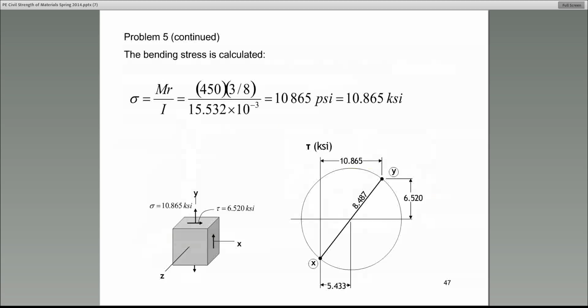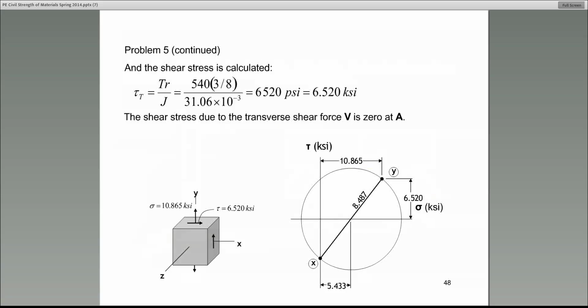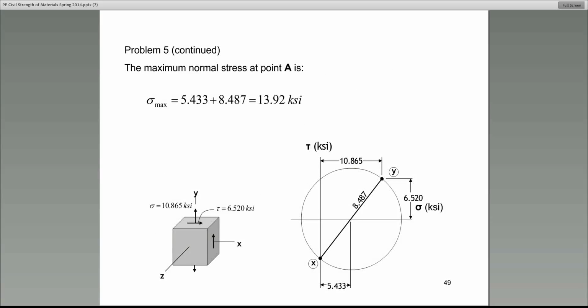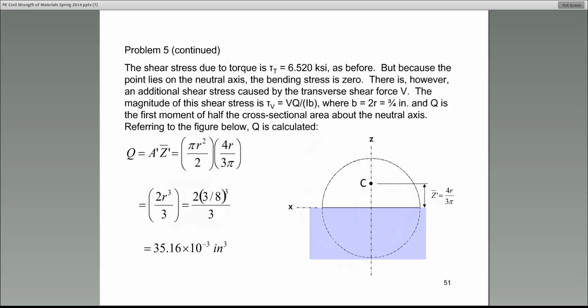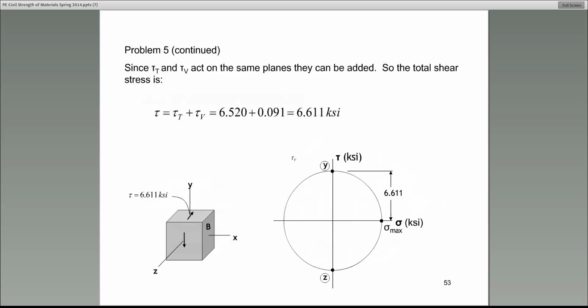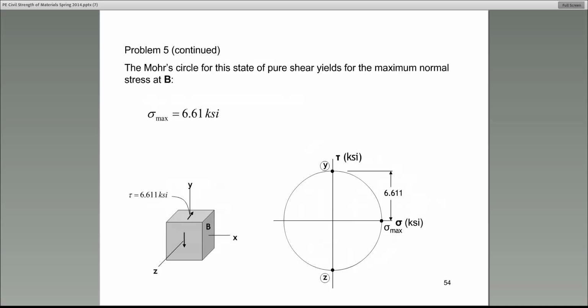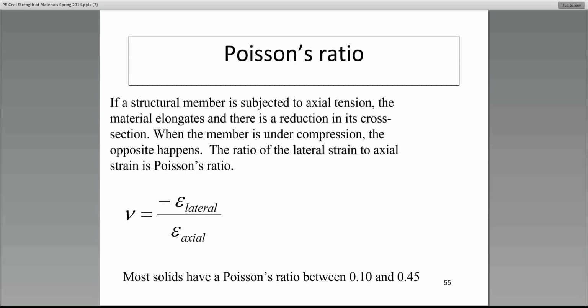However, those of you who plan to take the structures exam in the afternoon, I recommend that you please review problem number 5. You can see the solution is given to you, and if you have any difficulty with it, send me an email. But if you're taking the structures in the afternoon, definitely go over problem 5.